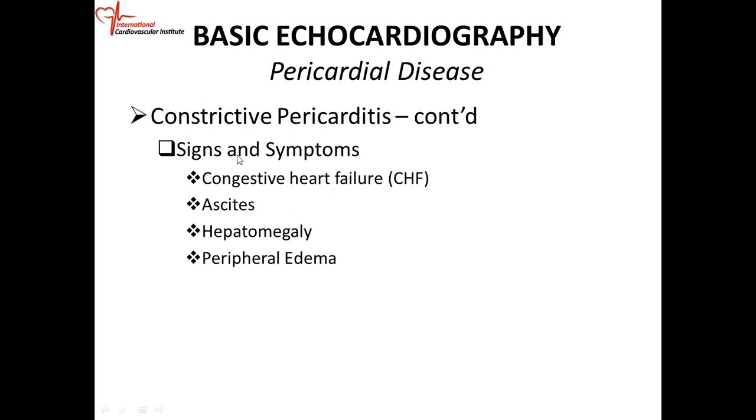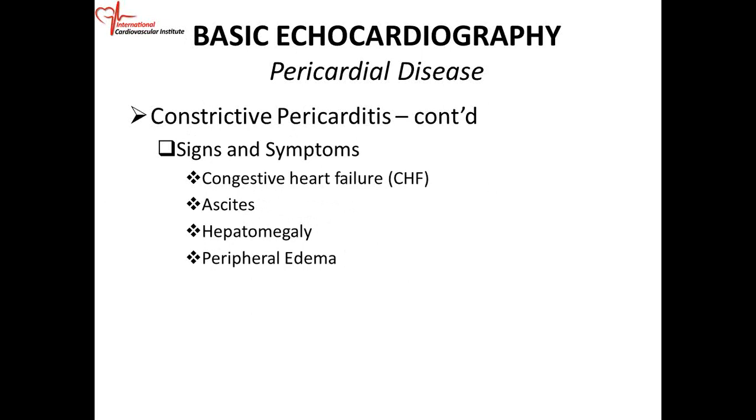Okay, so what are some of the signs and symptoms? Heart failure, because if the heart cannot expand to fill with blood, the patient is going to present with heart failure. Okay, so that is why it's very similar to your patient with restrictive cardiomyopathy, because the patients are going to be in heart failure. And if you just look at the echoes, the ejection fraction may be normal.